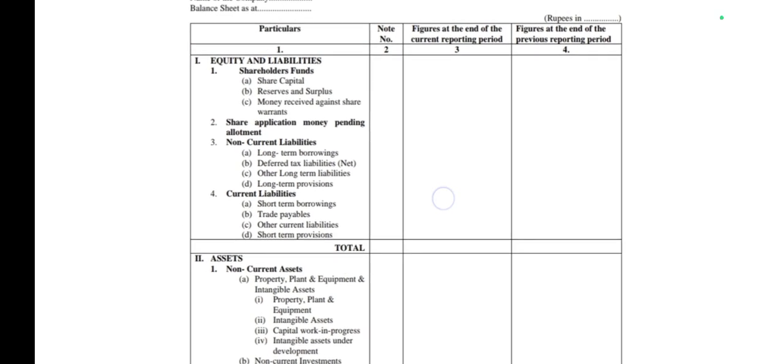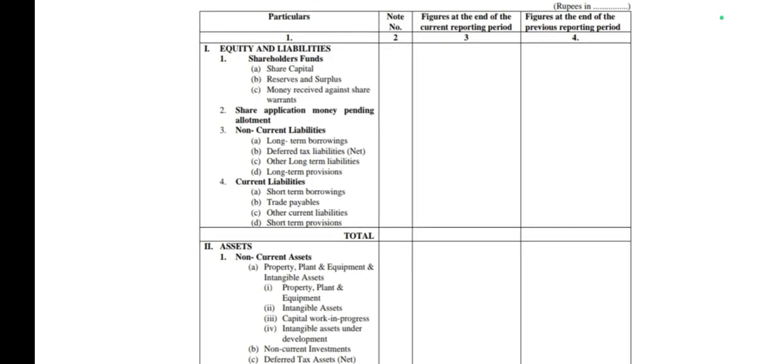So here we have four columns: particulars, note number, figures at the end of the current reporting period, and figures at the end of the previous reporting period. This is also one of the main changes in the balance sheet of the company.